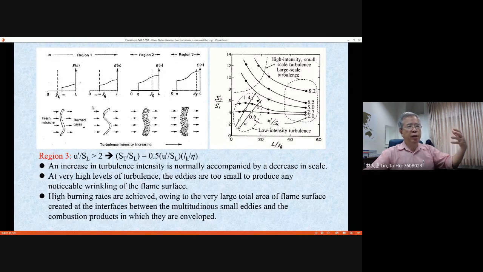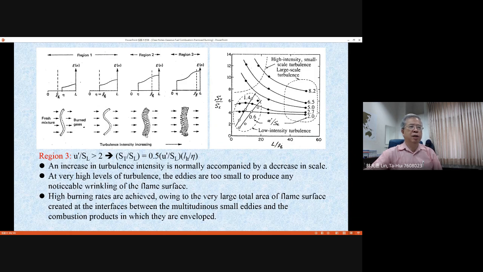And you can see from the figure on the left hand side, as you increase the turbulent intensity, the flame shape will start to change, from the curvature and wrinkling of the flame, and the wrinkling will reach the maximum curvature. Then when you continue to increase the turbulent intensities, small eddies penetrate into the flame, the wrinkling becomes weakened, and the flame becomes roughened with some rotten surface occurring.